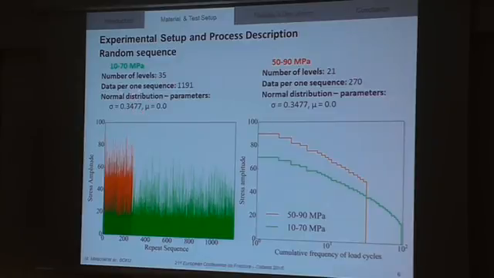The sequence from 10 to 70 megapascal contains 35 levels and about 1200 data points. You can see the data points in the order of the testing sequence. It is not sorted, it is random. And in red, the 50 to 90 megapascal sequence with 21 levels and 270 data points. In this diagram you can see the cumulative frequency of the load cycles.